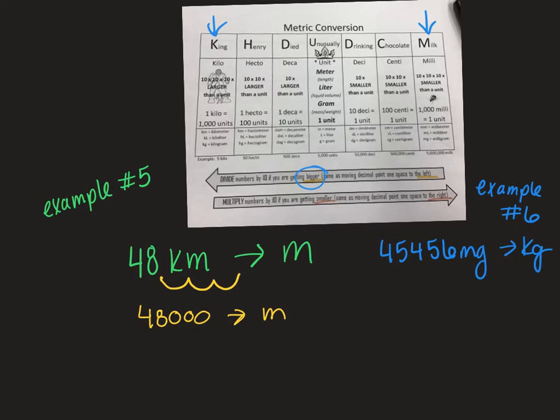So we're going to move it 1, 2, 3, 4, 5, 6 spaces to the left. It starts at the end, and we go 1, 2, 3, 4, 5, 6, which means we have to add in a 0. So our answer is 0.0454556 kilograms.